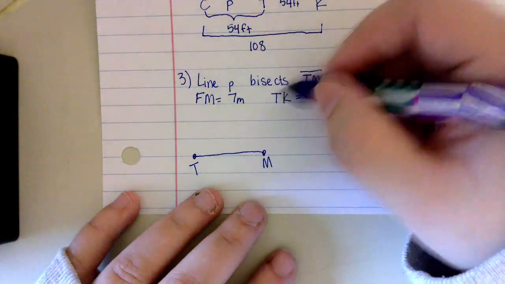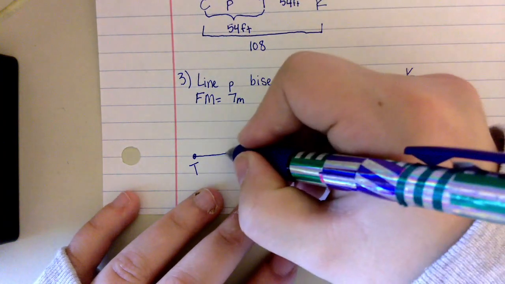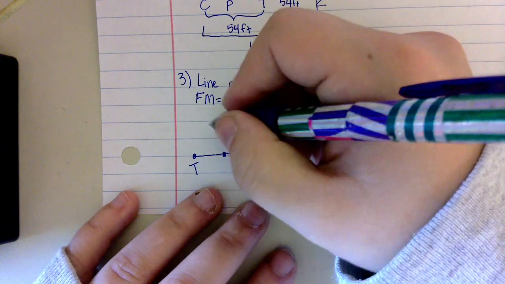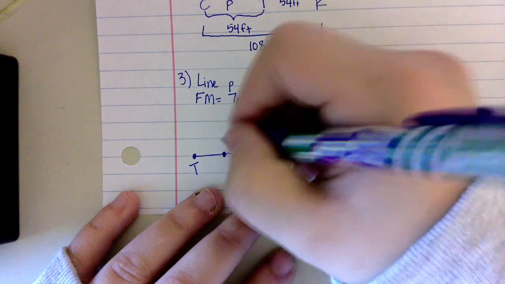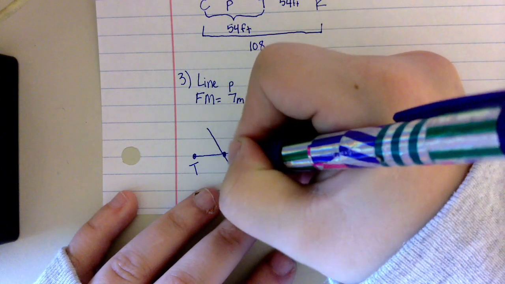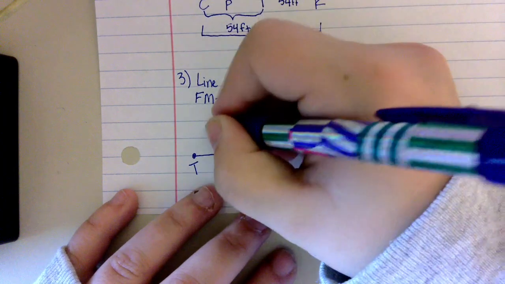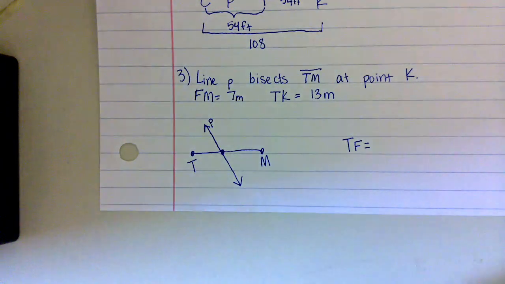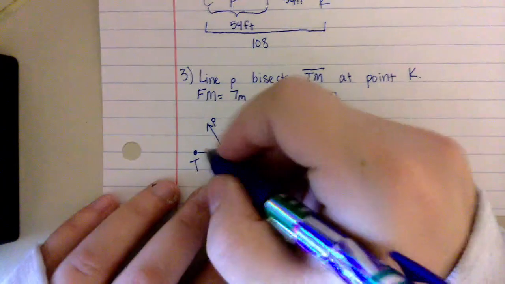So bisect, remember, means to cut it in half. So we're actually going to get a midpoint, and the line is going to go through that midpoint. And it can go through at any angle. It doesn't say anything, so I'm just going to do a slight angle. Wasn't quite through that point, but that's okay. And that's line P. So we make that little P right by that arrow. And the point where they touch is K.